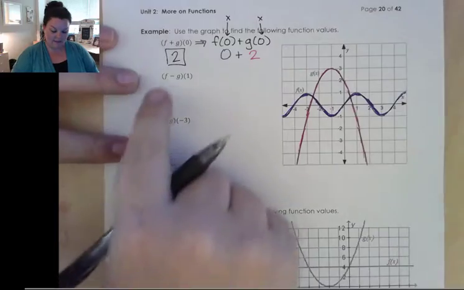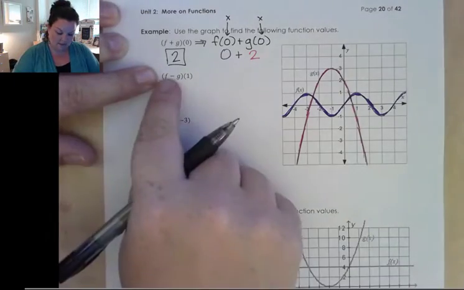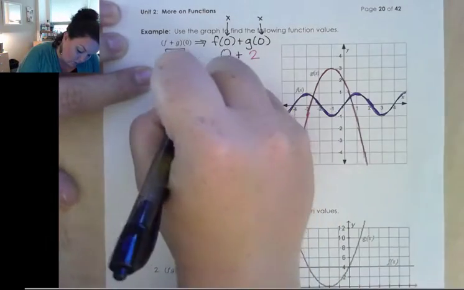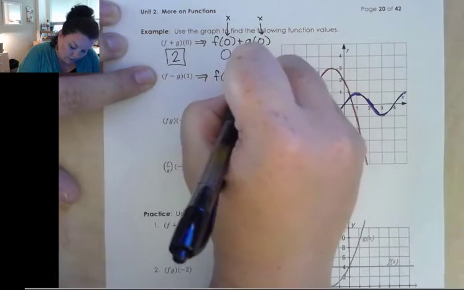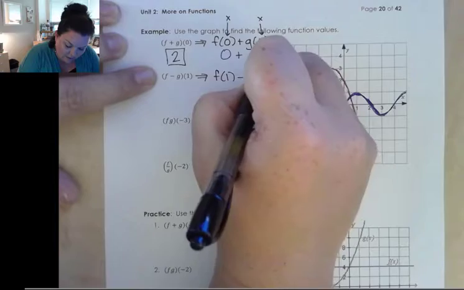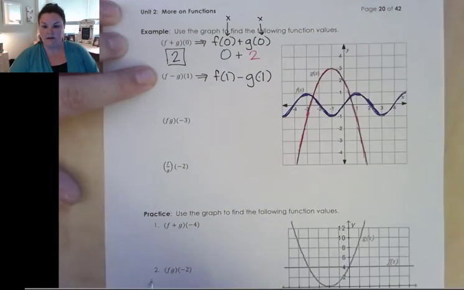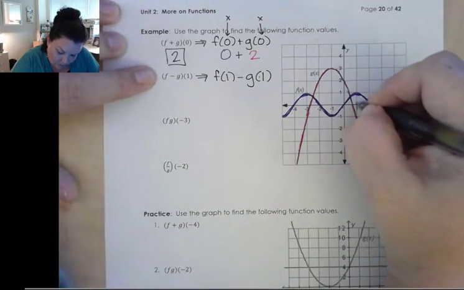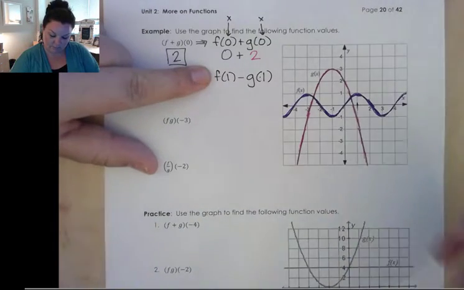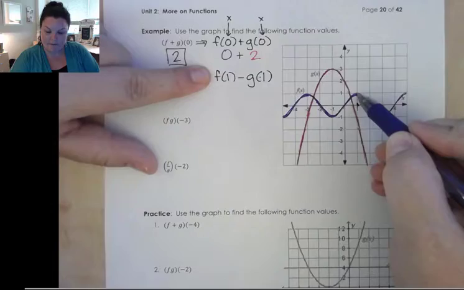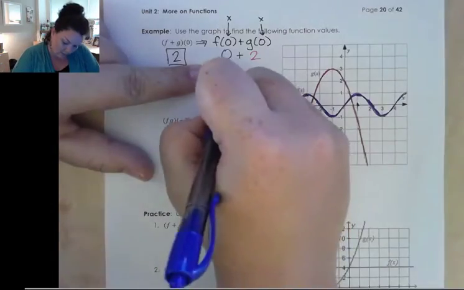Okay? And then I do the same thing with the other ones. So f minus g evaluated at 1 means we're doing f evaluated at 1 and we're subtracting whatever g evaluated at 1 is, right? So I go to where x is 1, which is right here. I trace it to my f function in blue. At 1, I'm up at positive 1, right?